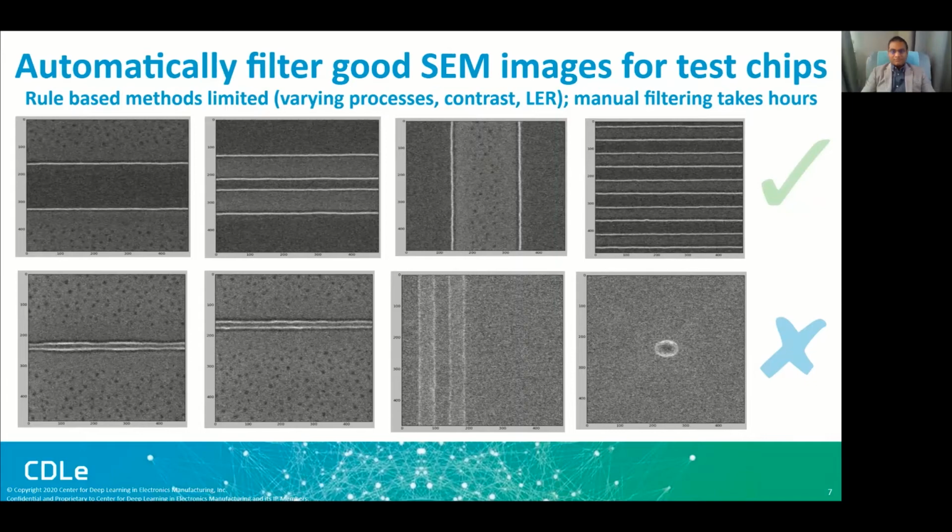In fact, for our purpose, we had a set of SEM images having 4002 images, and to manually filter them, it took 4.5 hours. Actually, that was also required for the test data, which you'll see here.